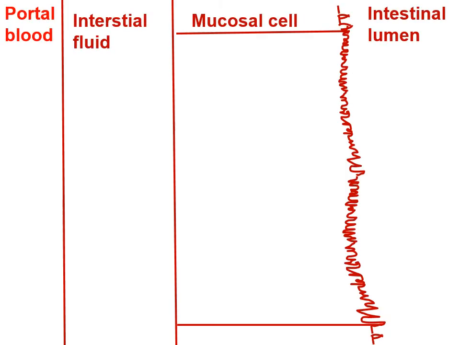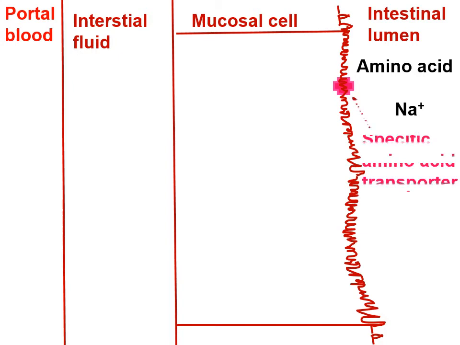In the intestinal lumen, students, you have the amino acid and the sodium. In the brush border of the mucosal cell, there are specific transporters, and these amino acid transporters have two active sites, and one active site has to be filled by sodium and the other active site is filled by amino acid.